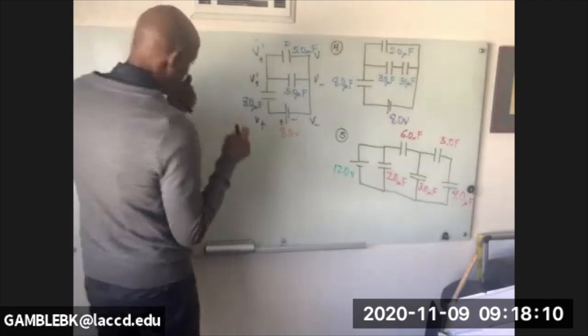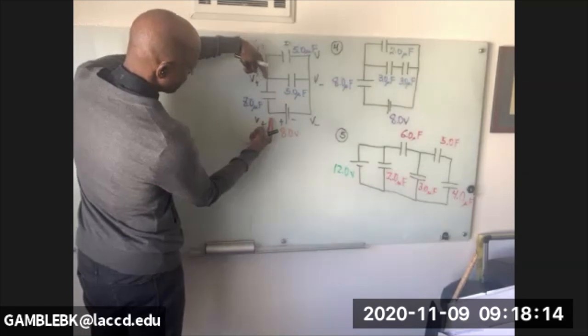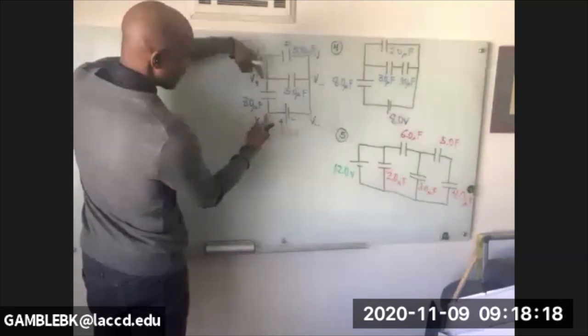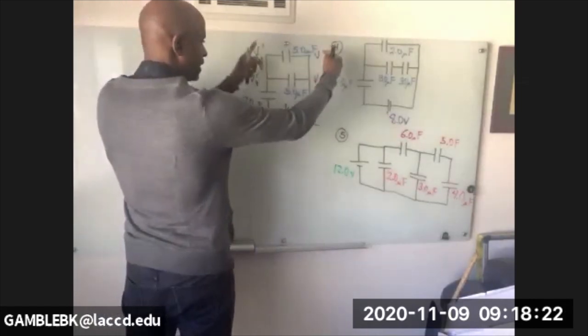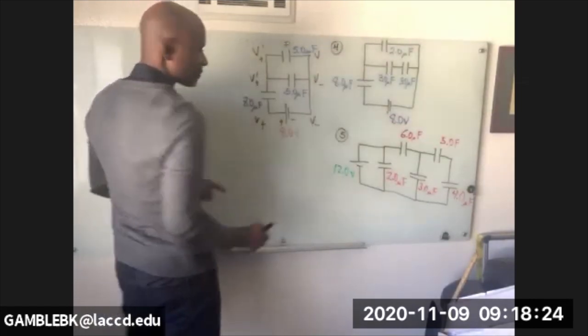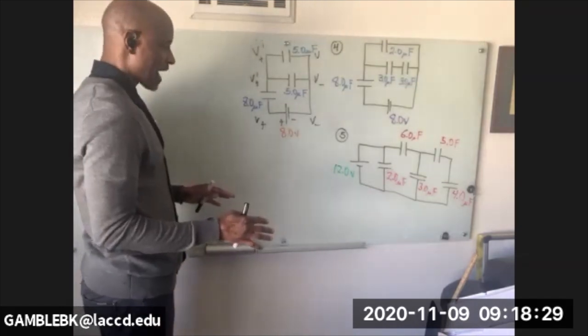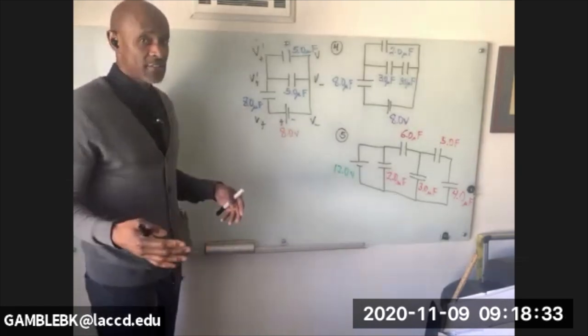So now, in your mind, when you look at the voltages across the thing, this voltage difference is going to be V plus and V plus prime, right? That's the voltage difference there. And this guy is going to be V plus prime and V minus, and this is V plus prime and V minus. So again, you don't have to know the actual value of the voltages. You just need to know the relative value. That's what a voltage analysis does.